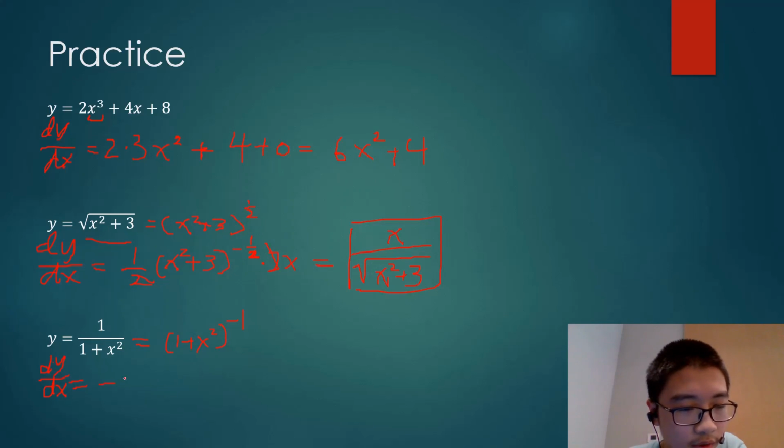So it's negative 1 times parentheses 1 plus x squared, negative 1 minus 1 is negative 2. We're using the chain rule, so we need to multiply by the derivative of 1 plus x squared, which is 2x. So the derivative of this function is negative 2x over 1 plus x squared.